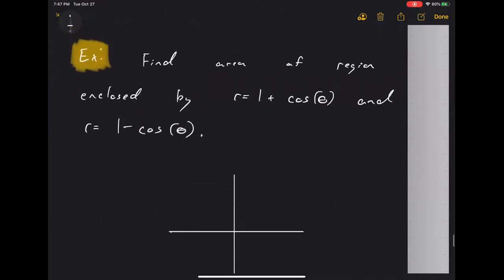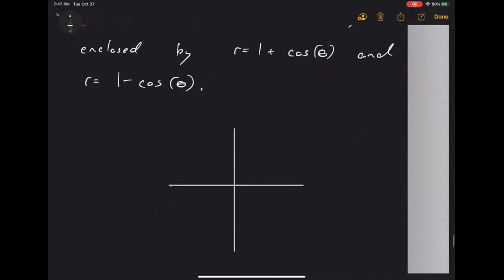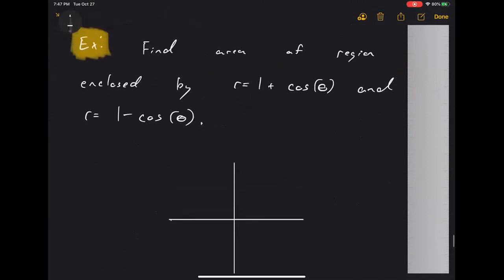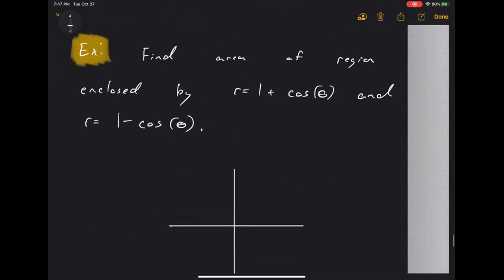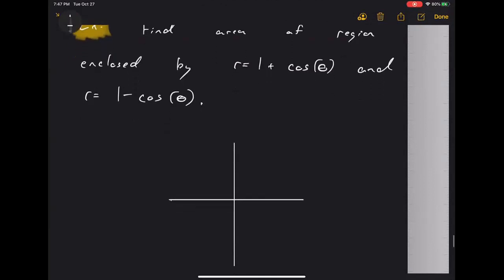You're supposed to know it from Calc 2, but realistically, I know that not everybody is still perfect with these polar graphs. So any graphing I give you is going to be very simple, like these. You need to be able to graph these simple things on a test. You can't use software. If you're working on homework, try and graph it on your own and then use Desmos or whatever to check your work. That's fine.